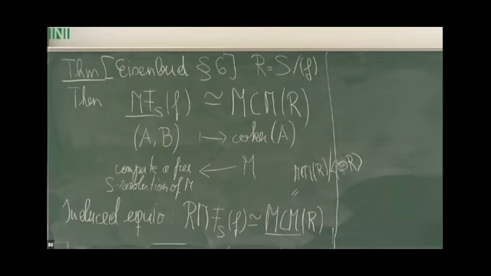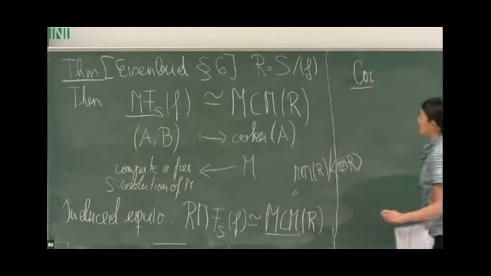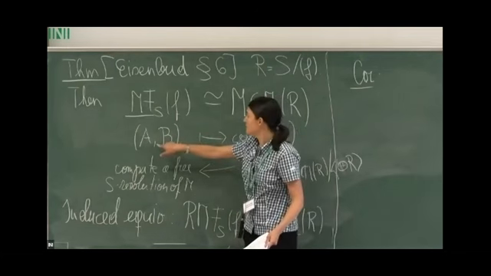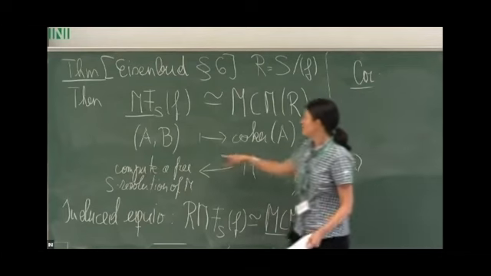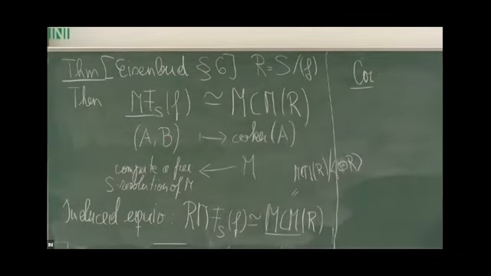But I wanted to do one corollary of this theorem. We have a matrix factorization, these are two matrices, and we are only getting the cokernel of A. So you might wonder, what about B? Well, it is what you probably expect.